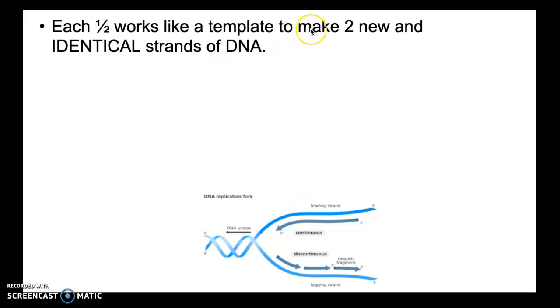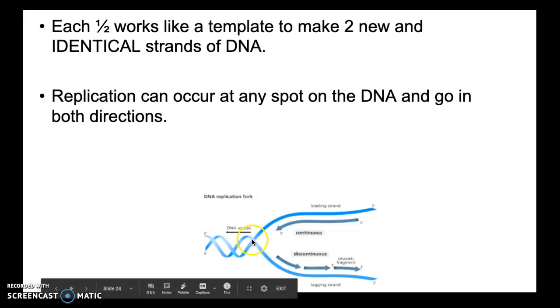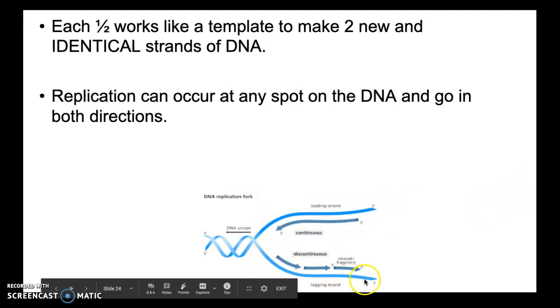Each half works like a template to make 2 new and identical strands of DNA. Replication can occur at any spot on DNA and go in both directions. So, just so we understand that, it could happen here, it could happen further along down the line, it could happen here or further along down the line.